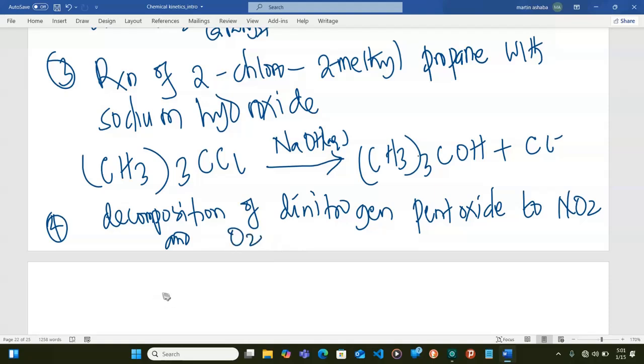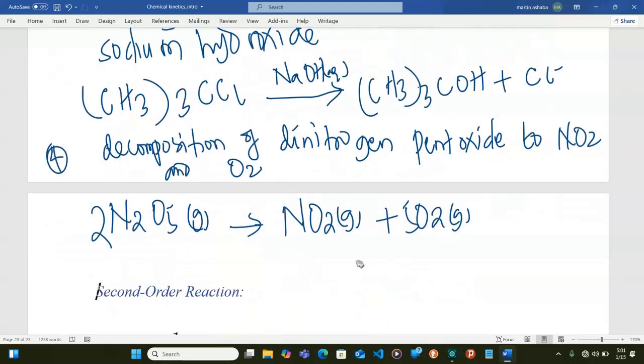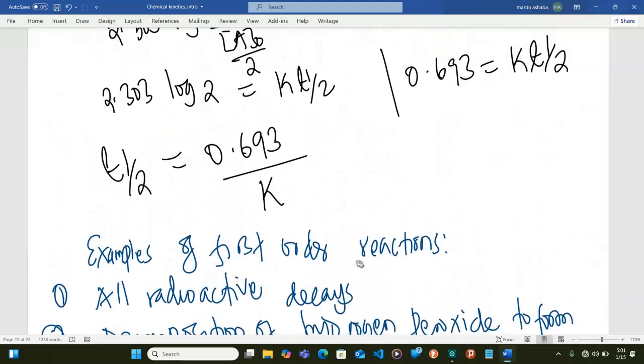So the equation for the reaction is N2O5 giving us nitrogen dioxide gas plus oxygen gas. We can put the 2 here, this becomes 10, and we can put the 5 here. So those are the examples for first order reactions.